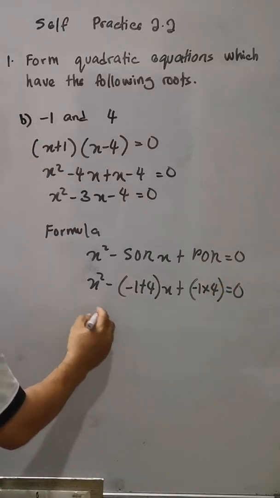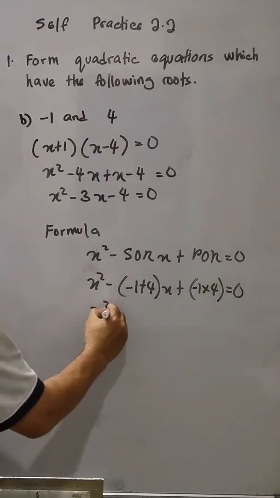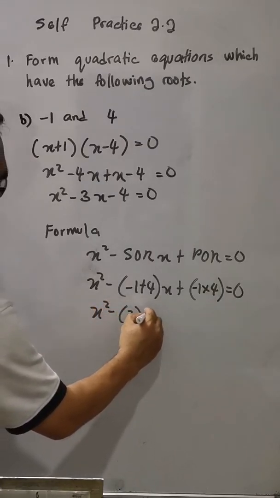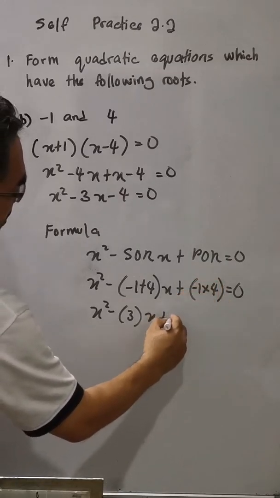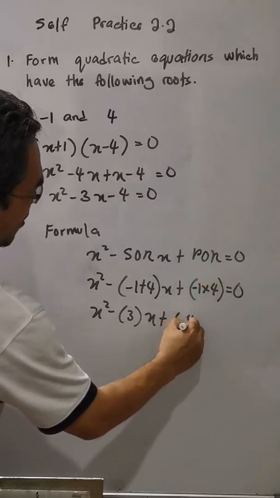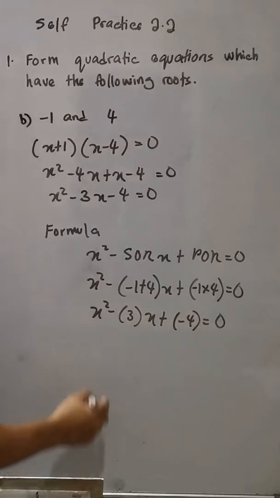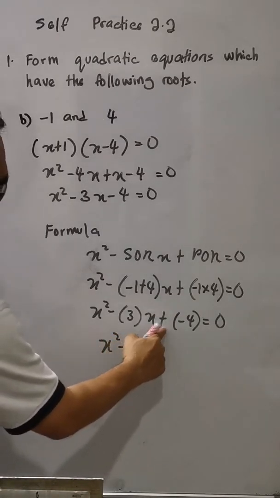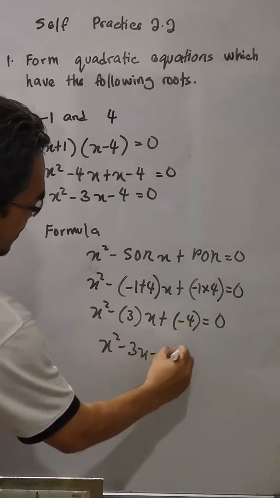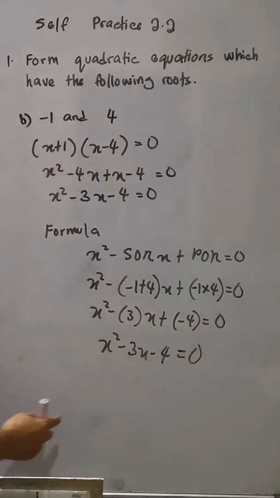Negative 1 plus 4 will be 3, minus 3x, plus negative 1 times 4 will be negative 4, equal to 0. Simplify. x squared minus 3x minus 4 equals 0. Okay, they are equal. Right.